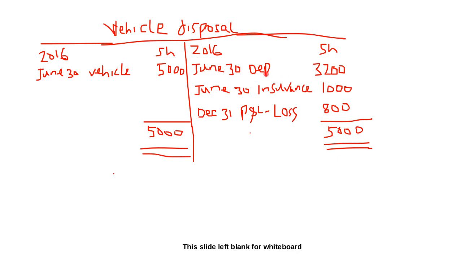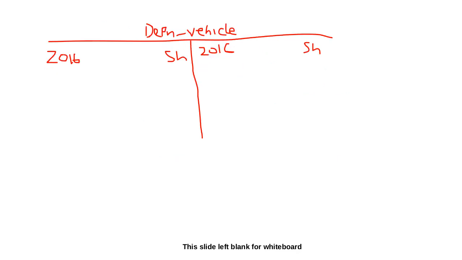So this is what now we take, because we have credited the vehicle disposal by the depreciation. Now when we come to the depreciation account, we'll now debit it, and the detail will be vehicle disposal. So we move to that slide.